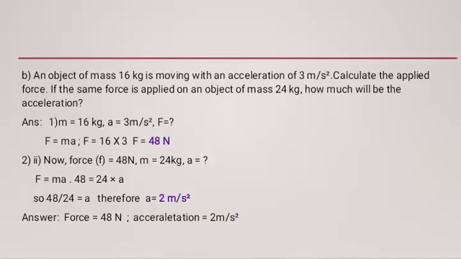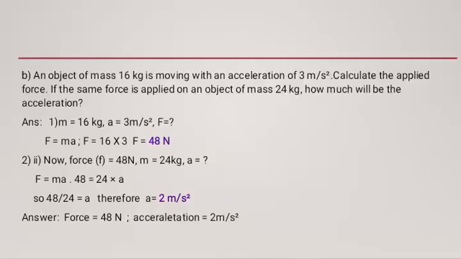The force formula is force equals mass into acceleration. Mass is 16 kg, acceleration is 3 meter per second square. F equals 16 into 3, so F is 48 Newton.